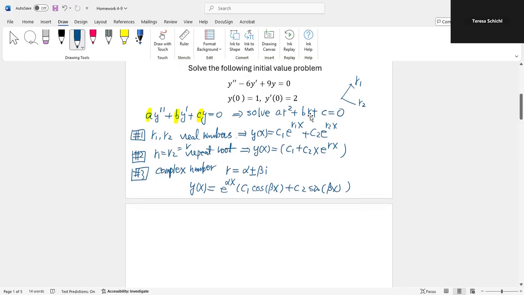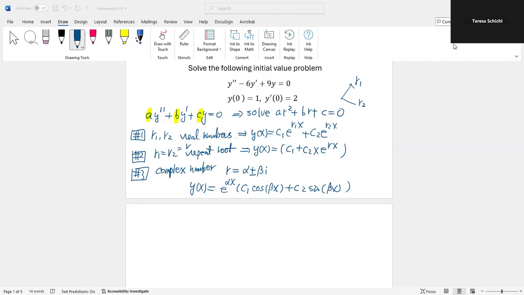All right, so now let's see this problem here. I want to tell you a little bit why we just want to solve ar squared plus br plus c. Because this second order differential equation did not tell us any given solution, we need to guess what type of solution it is possibly.